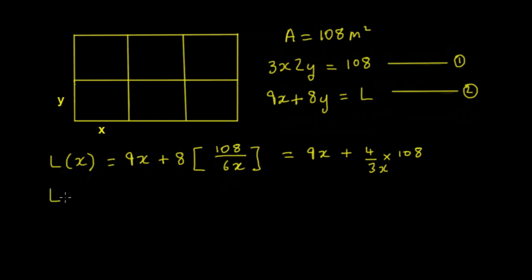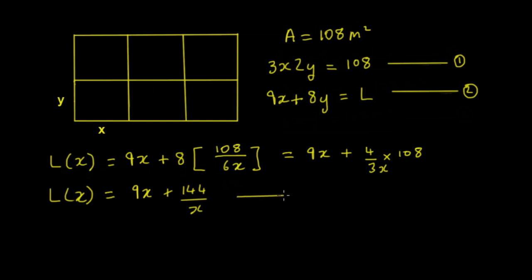So we have L as a function of x such that it's going to equal 9x plus, now whenever you multiply these out and divide, you're going to get a value of 144 upon x. So don't take my word for it, multiply that out and check that that is the case.